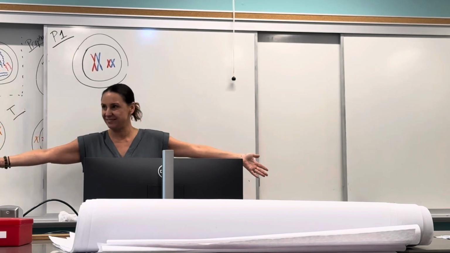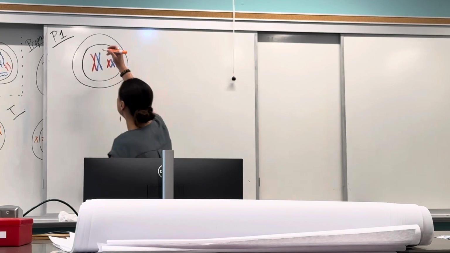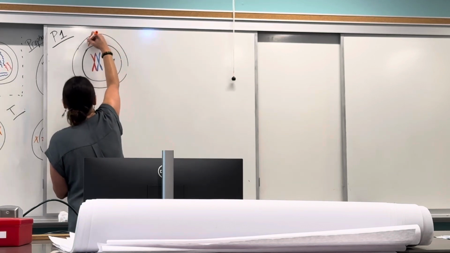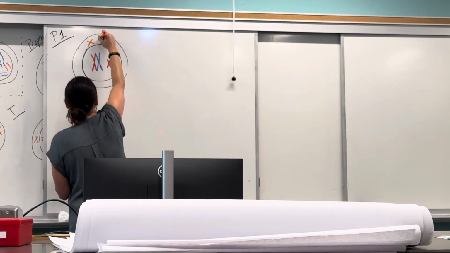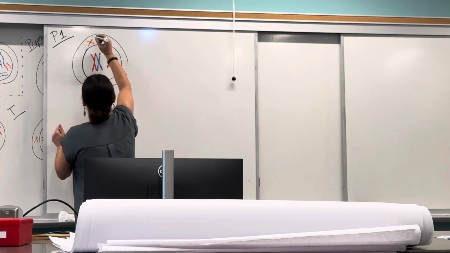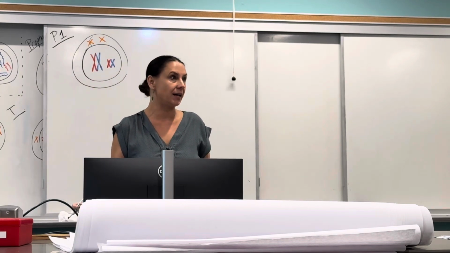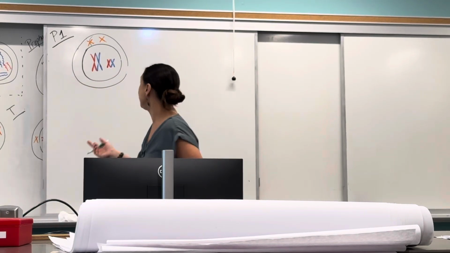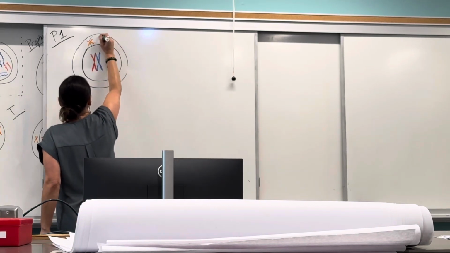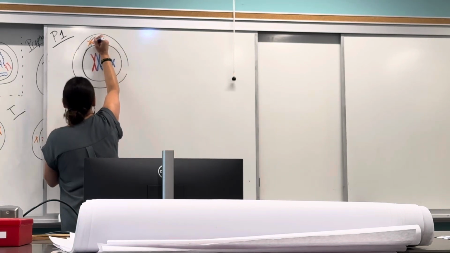Does the meiotic spindle appear? Yes, we have these two centriole pairs, and the meiotic spindle growing out of them. Why am I calling it meiotic instead of mitotic? Because it's meiosis. These are the polar microtubules and the kinetochore microtubules, and they start growing out.